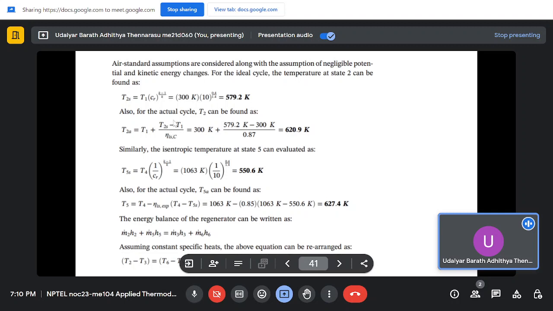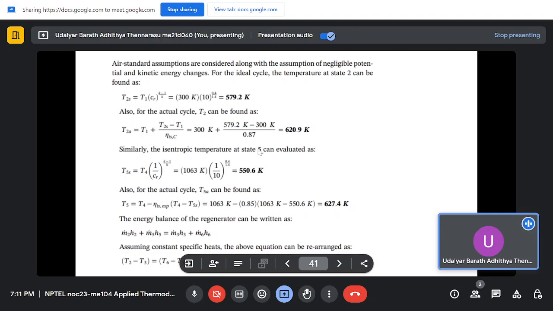H2s minus H1 divided by H2a minus H1 is equal to the isentropic efficiency of the compressor. Cp is the same, so you can write it directly in terms of temperatures. It will come out that at state 2, the temperature is 620.9 Kelvin.